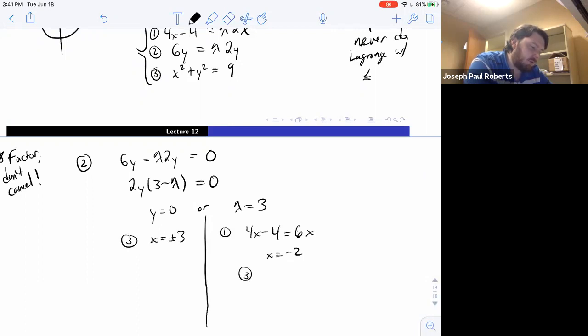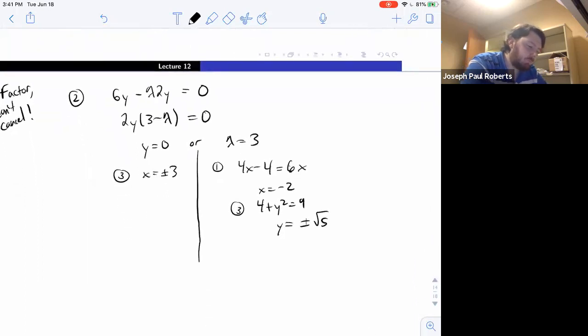And then the third equation tells me that 4 plus y squared equals 9, so y is plus or minus square root of 5. So anyway, I get the point negative 2, root 5, negative 2, minus root 5.